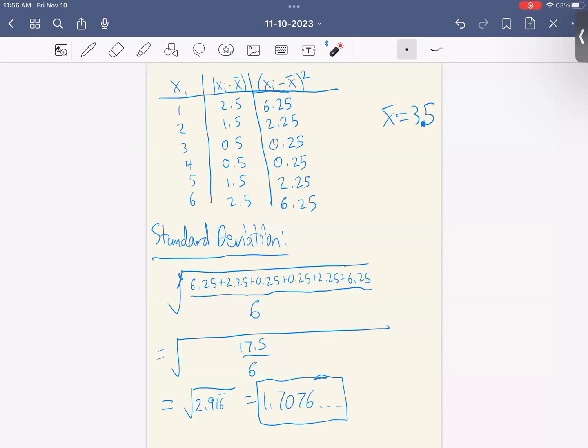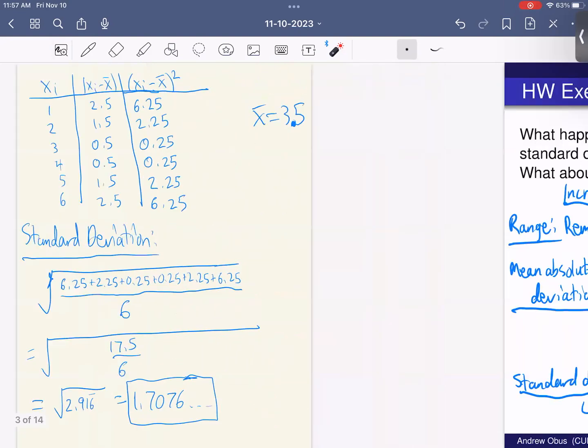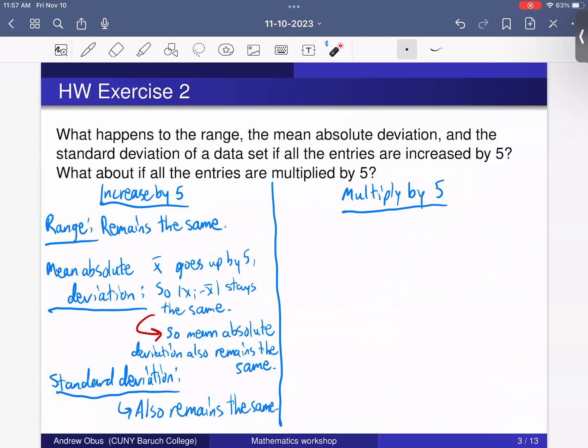Well, if you increase all the entries by 5, this gets increased by 5, the mean, and each entry gets increased by 5, which means their difference has no change at all. So all of these quantities that are the inputs into the calculation for standard deviation, none of them changes at all. And so if none of them changes at all, that means that the standard deviation also doesn't change. So it's basically for the same reasons as the mean absolute deviation not changing, the standard deviation also doesn't change.